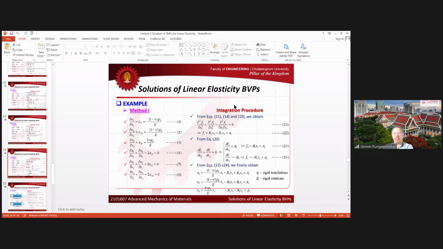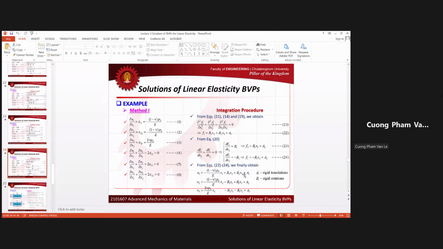Are there any questions? I have a question. When we assume the stress field, I have no experience in choosing the stress field C1, C2, C3, and I choose C1, C2, C3 to C6.